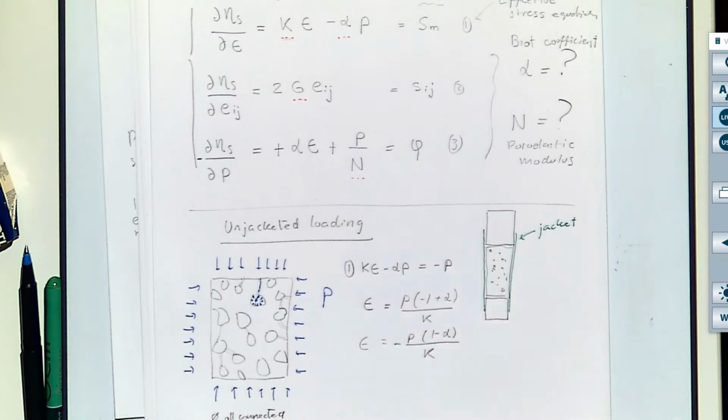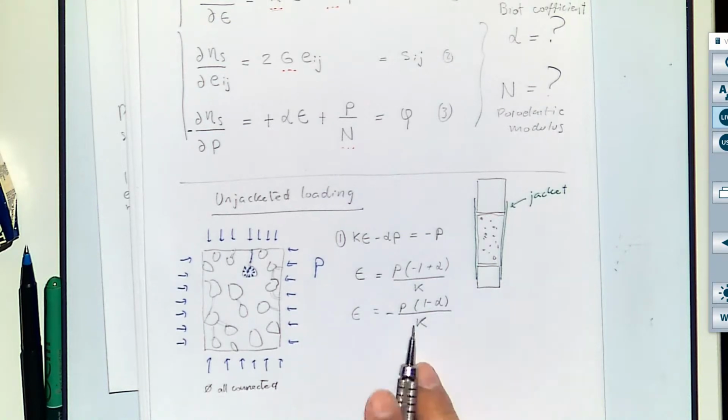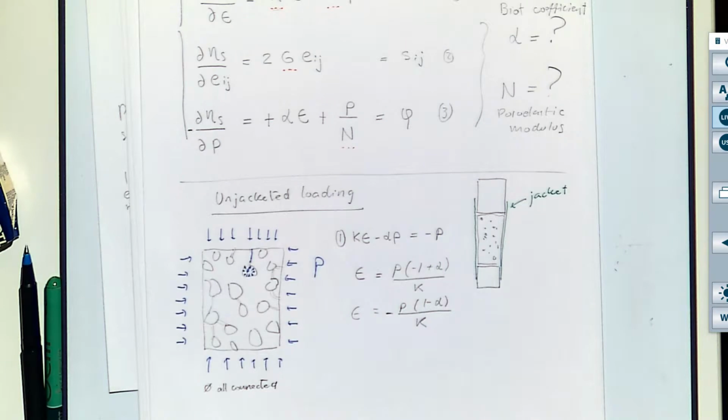So what this equation tells you is that if you have a positive pressure, then your porous solid should shrink. It should be negative because we have this negative sign over here.